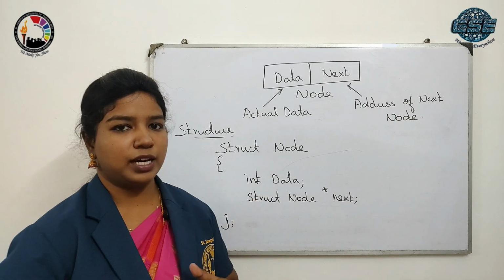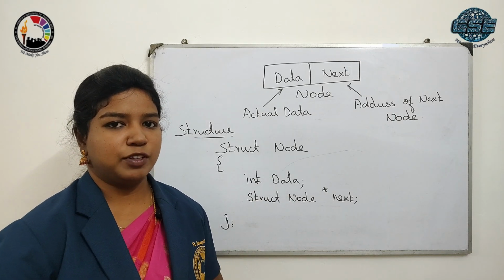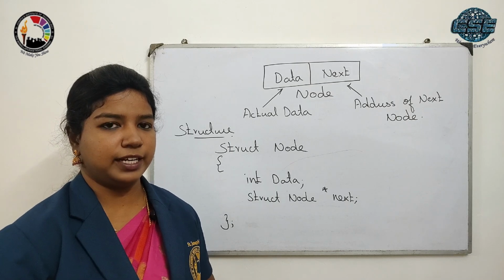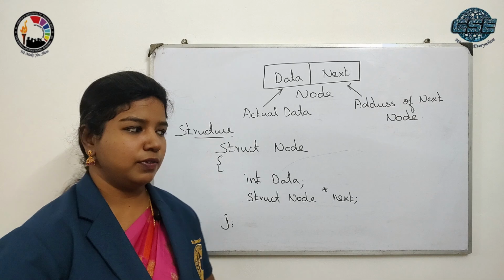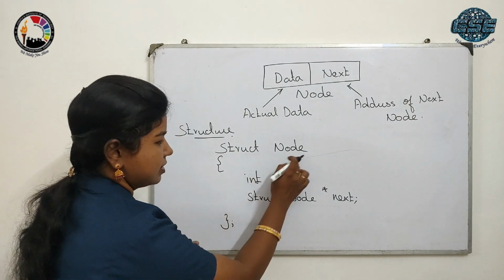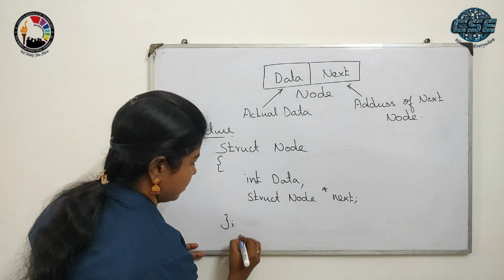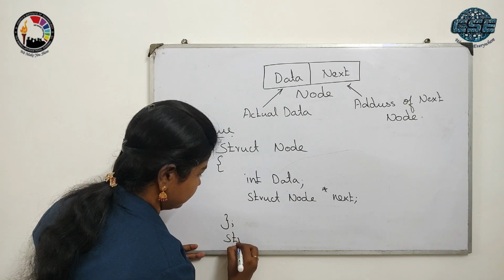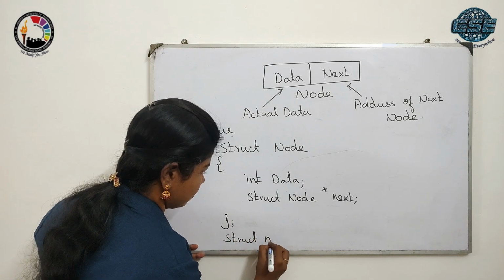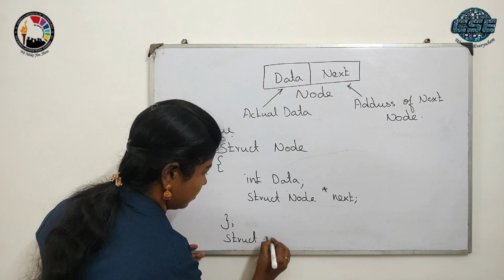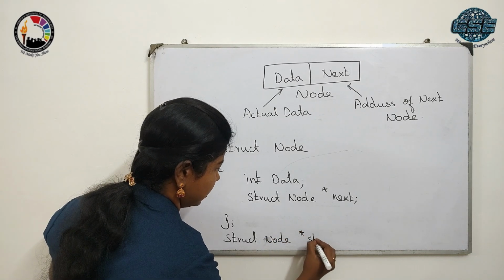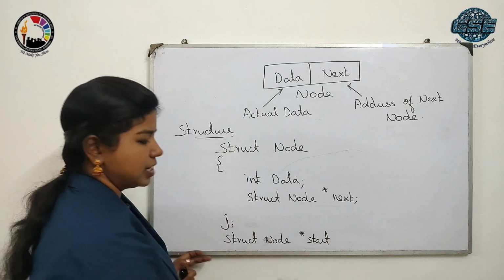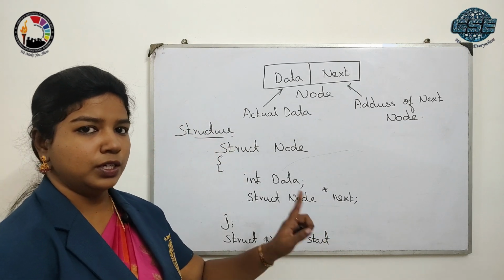So initially, before creating a linked list, there will be no node that is created. So you will be having a start pointer which is pointing to null value. So let me create the start pointer for the struct node. Struct node, pointer start, because the start is also going to point to an address.